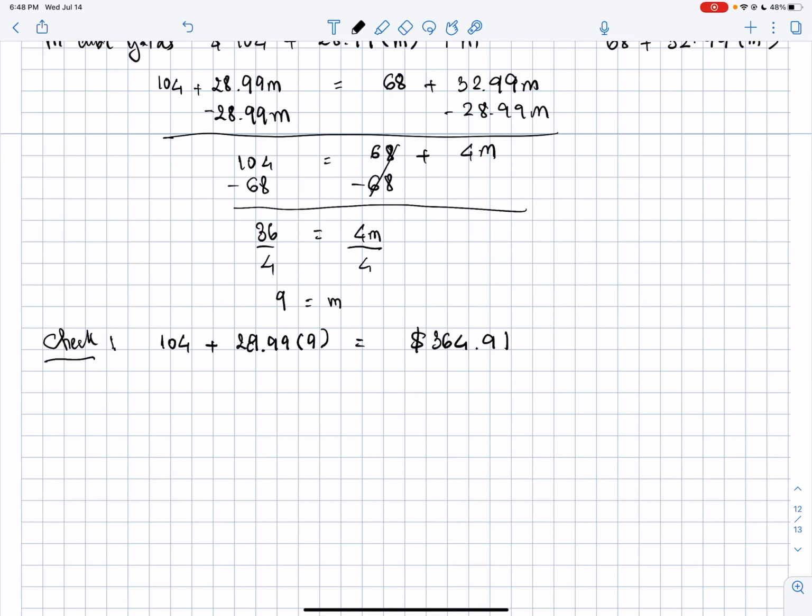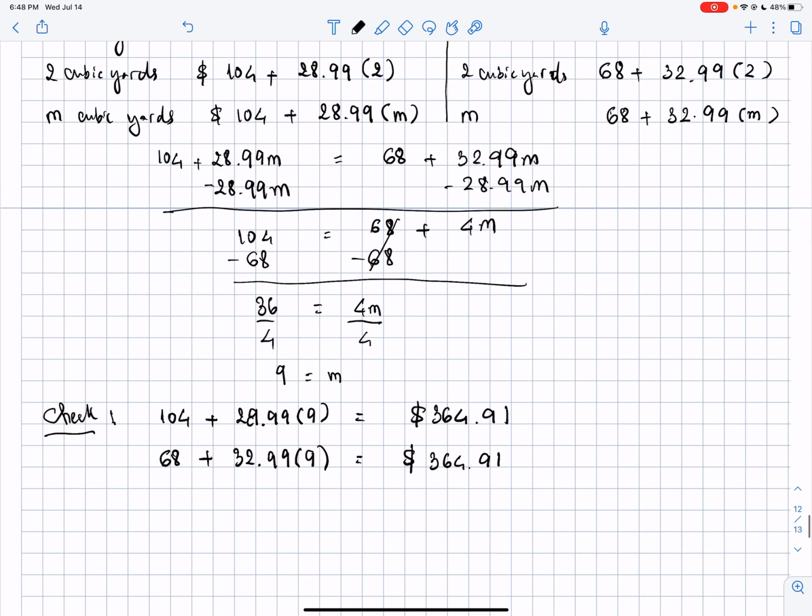And for the second company, 68 plus 32.99 with the 9 cubic yards, then the charge will be $364.91. So the charge for both companies will be the same when there are 9 cubic yards.